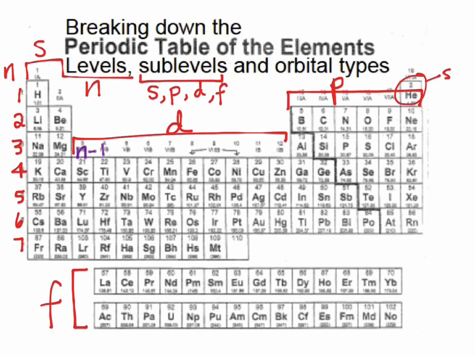When you go down to F, F is N minus 2. So F is inserted in periods 6 and 7, and F really starts at 4F and 5F.